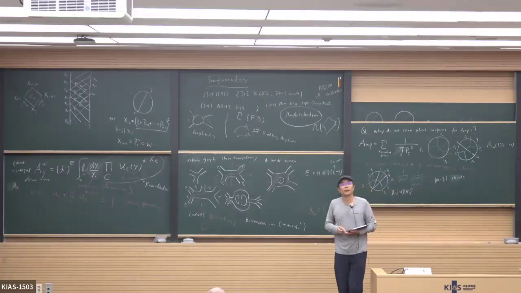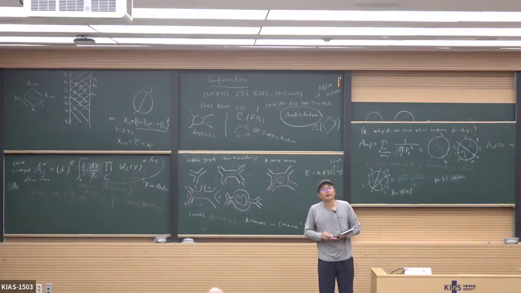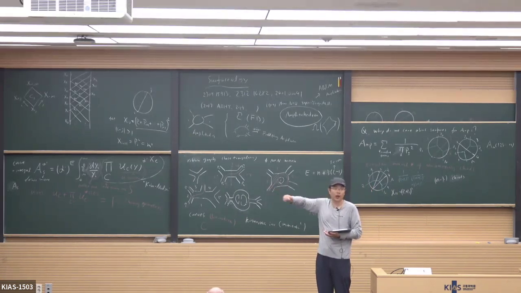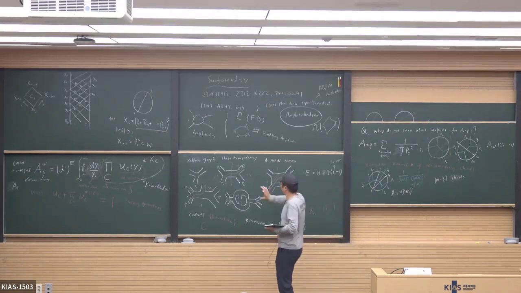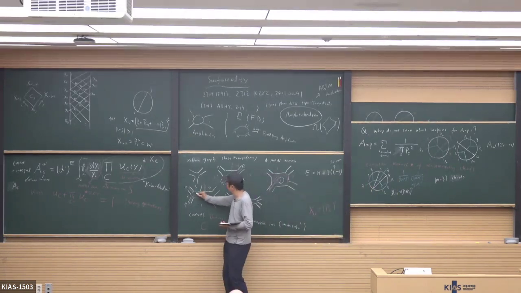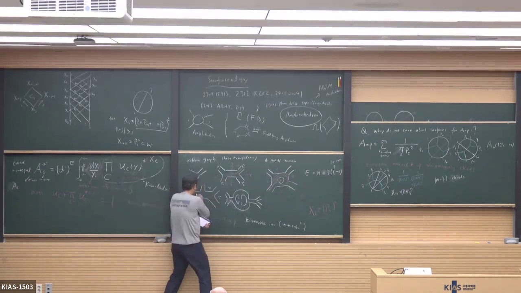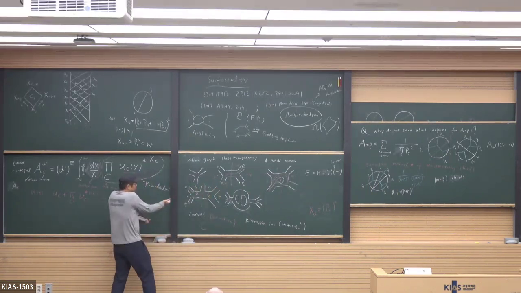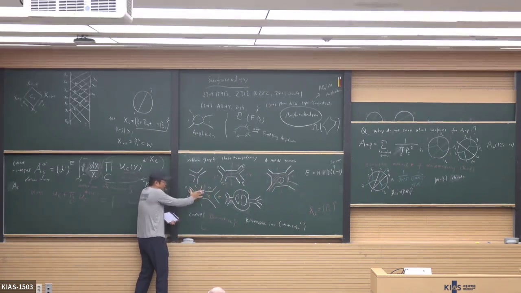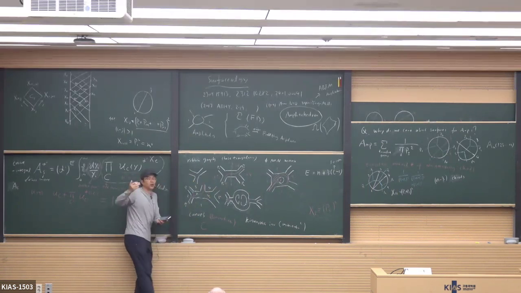Can you determine the U uniquely? Yes. Once you give me a set of y, which are associated with a base triangulation, so basically y live on these edges. So there are e of y, right? For every edge, I have an integration variable y1, y2, and so on. And then once you give me a particular way of representing the surface, the u's are unique.